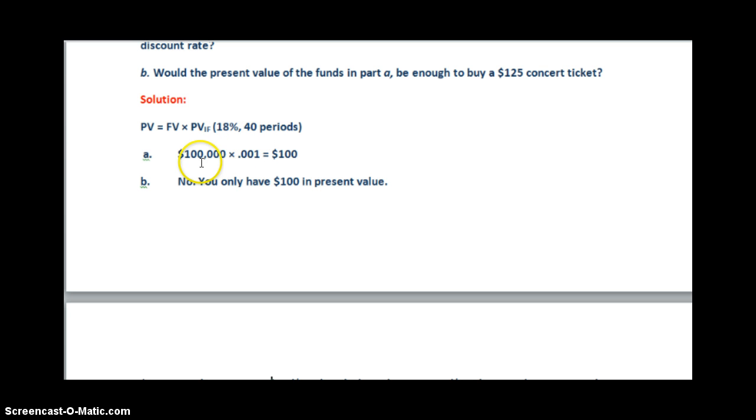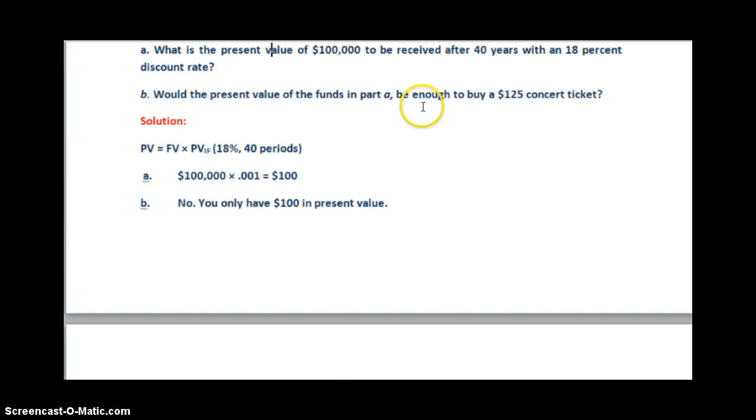You will multiply this with the future value, which is $100,000, and your answer is $100. Thus the present value of $100,000 after 40 years at 18% interest is $100.